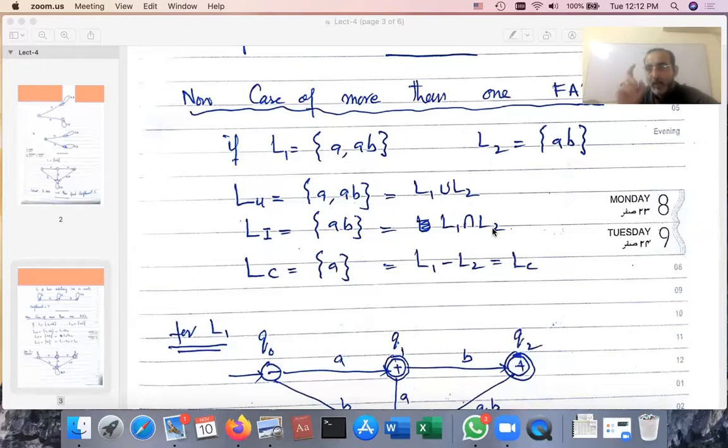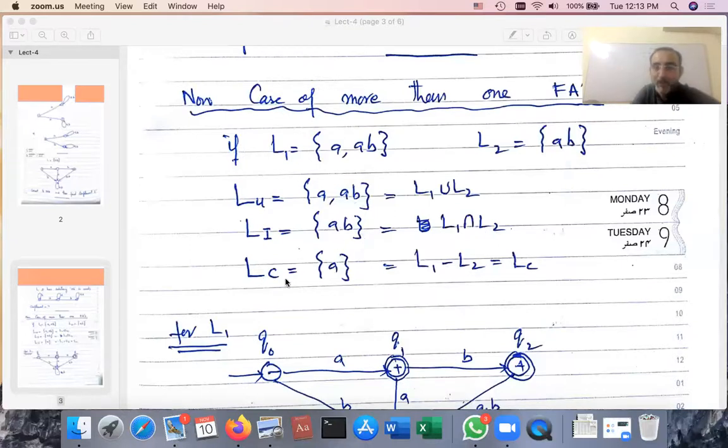When it comes into the form of these designs, then you will see. You have to design the FA which can accept the strings as a union, or which can accept the strings as an intersection of two languages. We will see this.